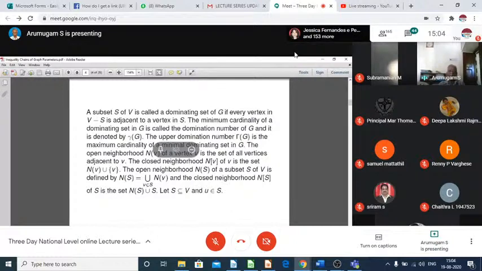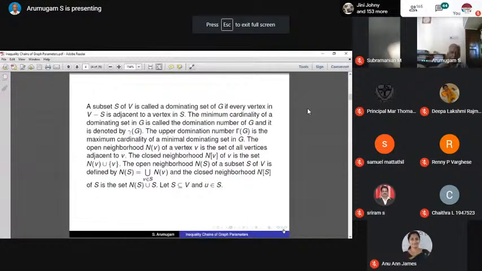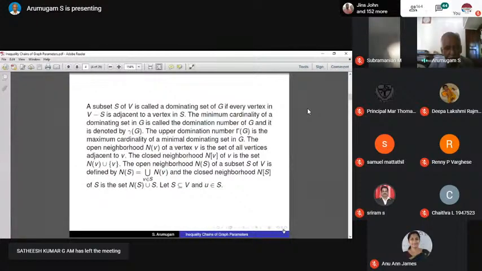For example, if we take a cycle on 6 vertices and take V1 and V4, you see V2 is a private neighbor of V1. Is it correct? Because the only neighbor of V2 in S is V1. V5 is also a private neighbor of V1.